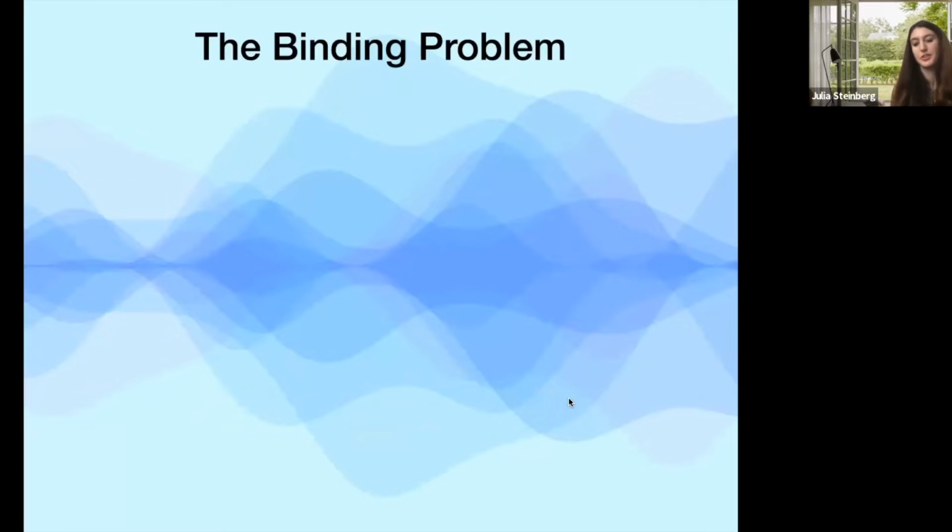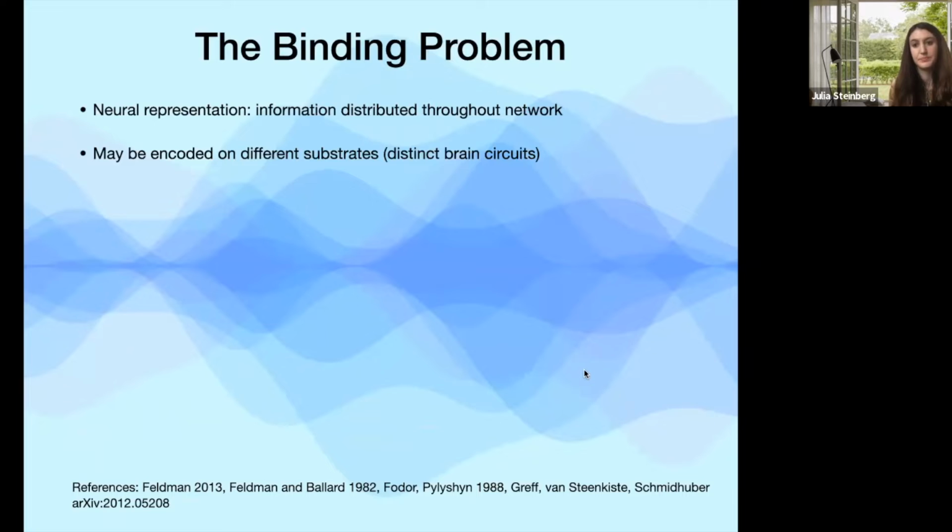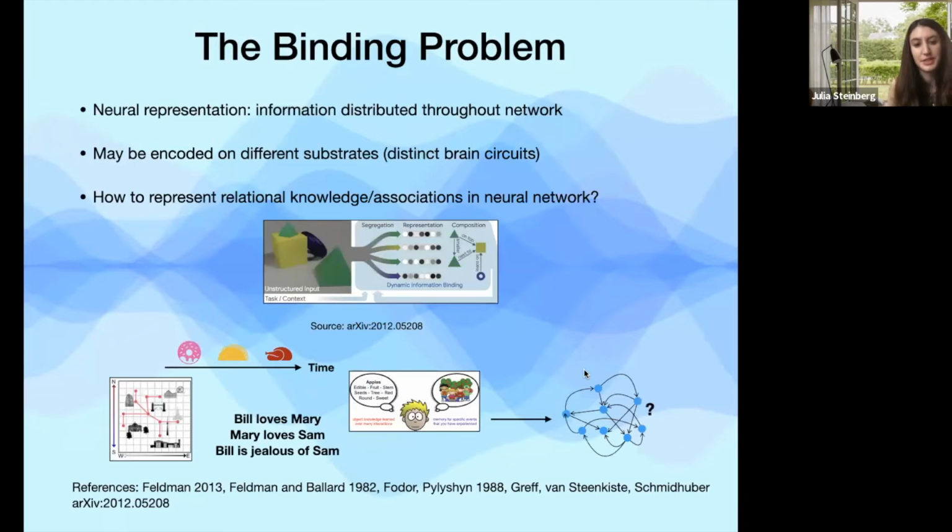This is all good, but you run into problems when you talk about representing relations in neural networks. Given that the information is distributed throughout the entire network, it could even be that things are encoded in different regions of the brain. How can you represent relational knowledge or associations between these items in a neural network? It's not obvious how to do that.